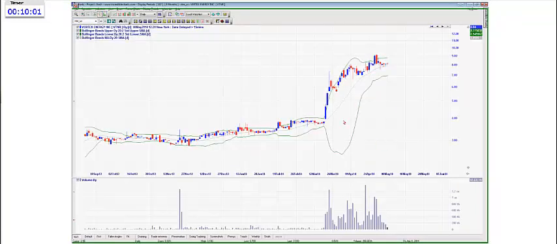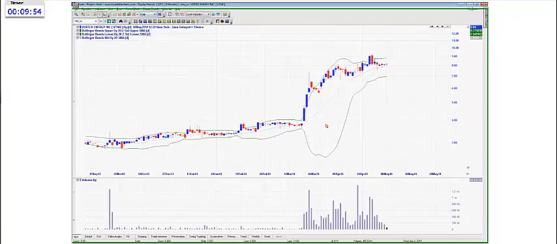So it's coming back to flags. The trick to flags is understanding that these things can often be making new highs.